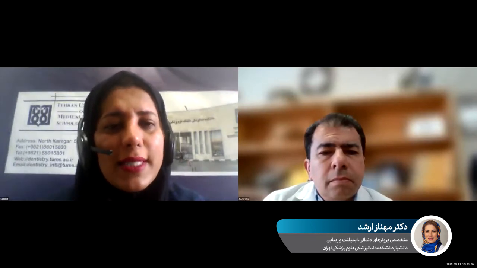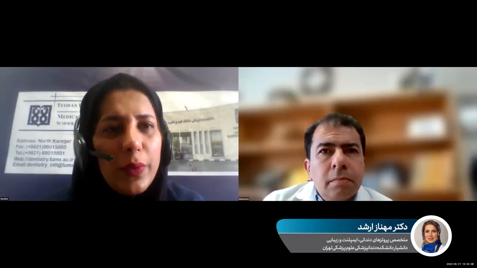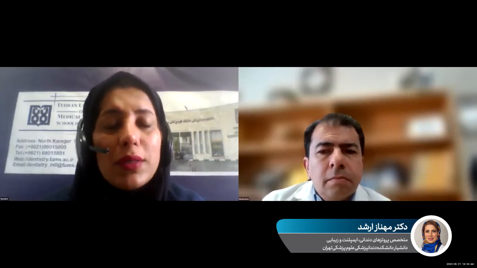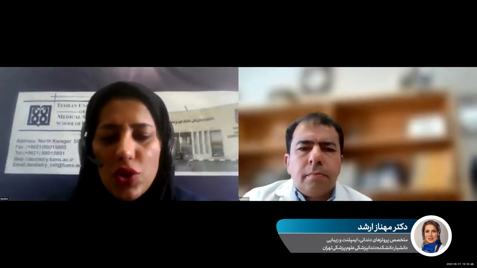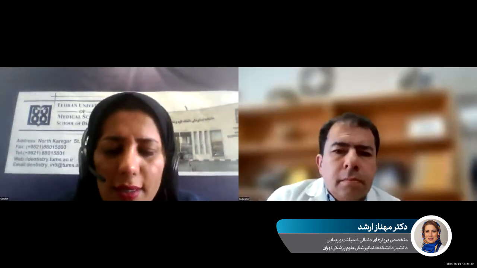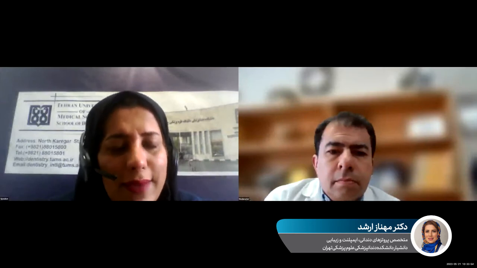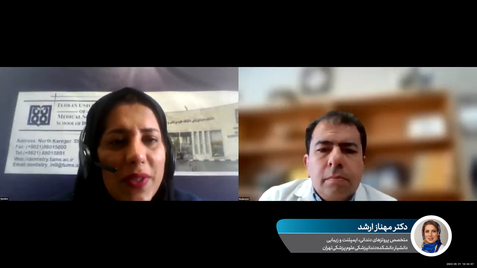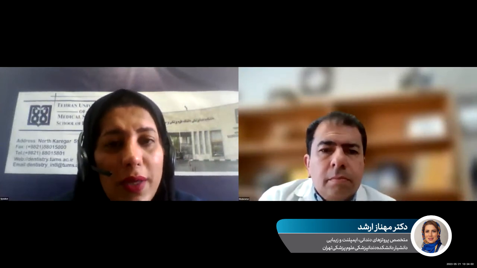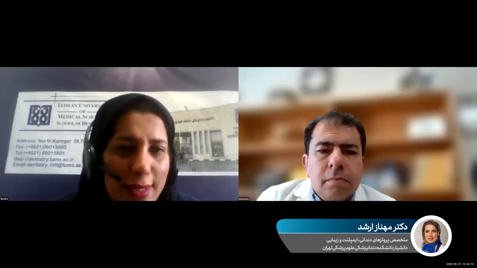At least we must have a 6 millimeter distance from one abutment to another. And there should be a 6 or 7 millimeter distance between the abutment and the bone, especially in a tumor excision. In a tumor excision, you must put a 6 millimeter distance between the level of the abutment and the bone, because the abutment is deeper than the crestal bone, and if we don't pay attention to this, after the surgery we can't insert the prosthesis.